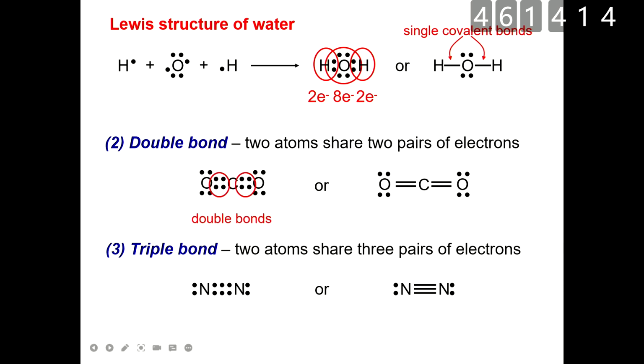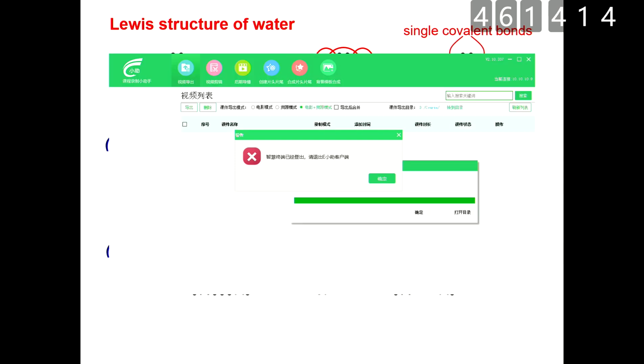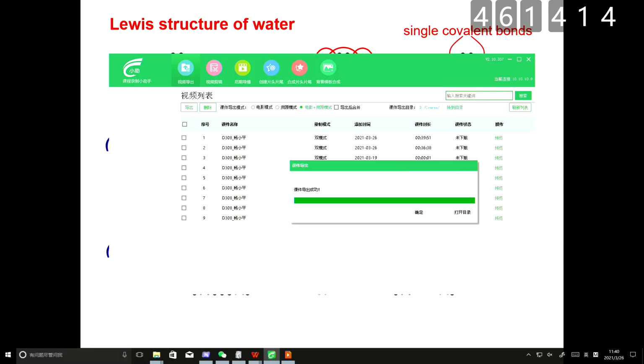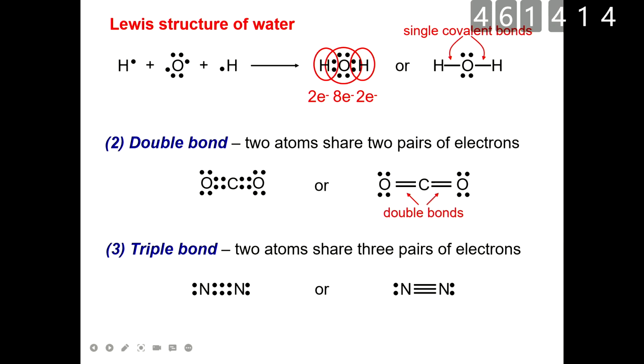So each one has 5 electrons, and the total electron number is 10, right? So in this case, they share 6 electrons.